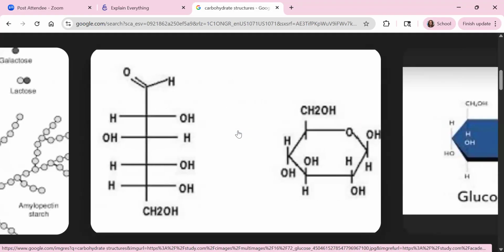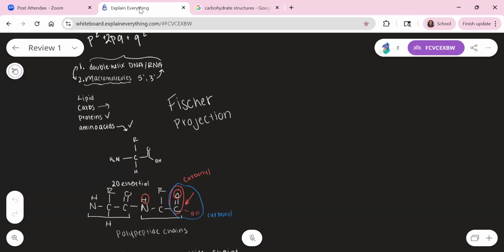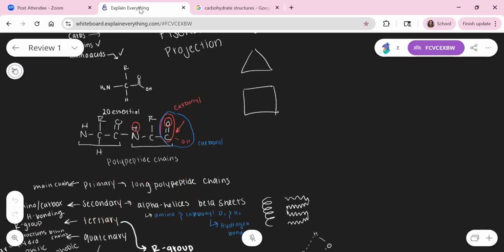And so basically what happens in this type of interaction, this turns into this. It's just turning into a cyclic molecule. Cyclic is anything like this, this can be cyclic, these are all types of molecules you can have.